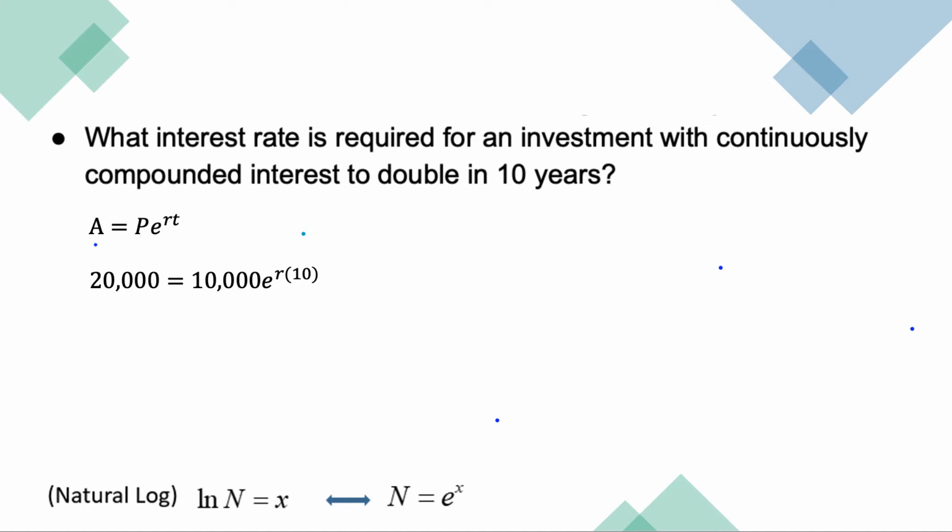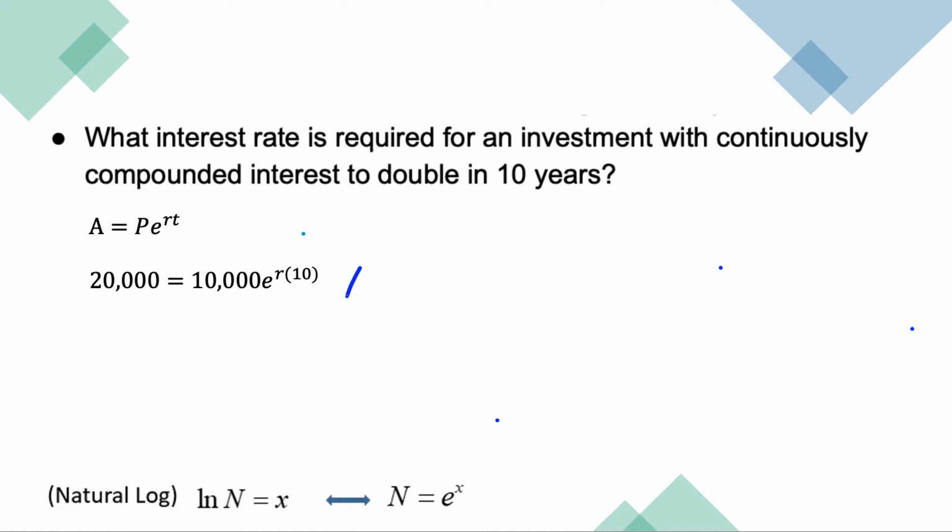If we are investing $10,000, then in the account there should be 20,000. So instead of A, we write 20,000, and 10,000 was the principal that the Mitchells invested. We are looking for R. We don't know the rate, but the investment is for 10 years.